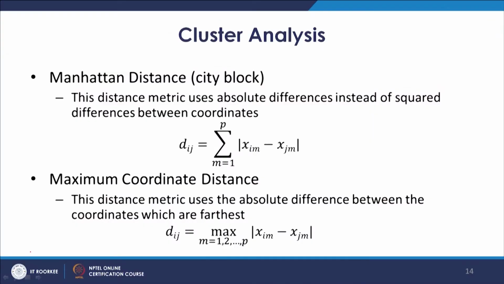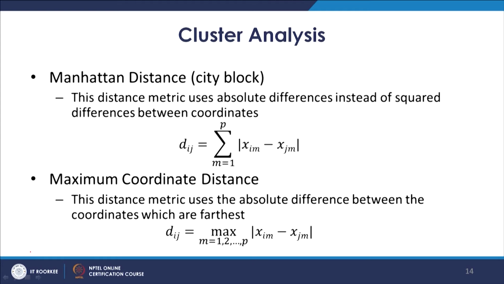So, comparatively Manhattan distance is going to be more robust to the presence of outliers, because their influence would be moderated. Let us go back, and there is one more metric that could be used to compute distances for numerical data, called maximum coordinate distance. This particular distance metric again uses the absolute difference, but just between the coordinates which are the farthest.